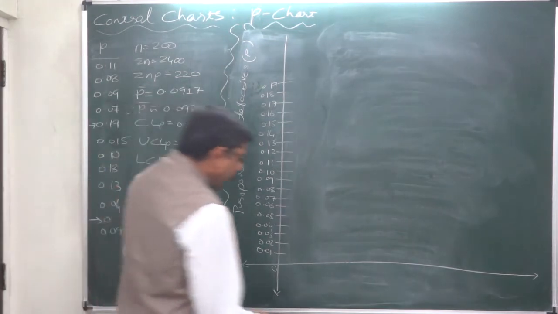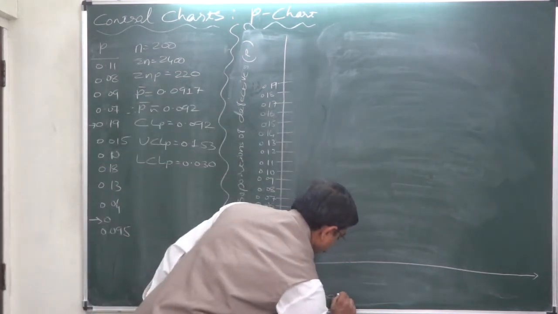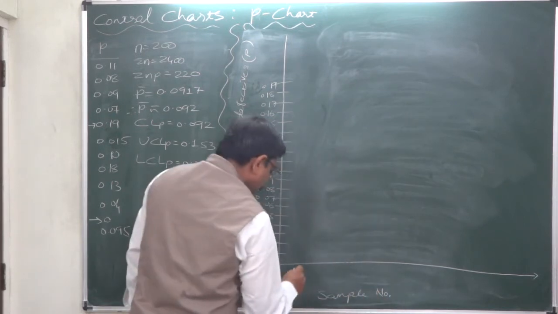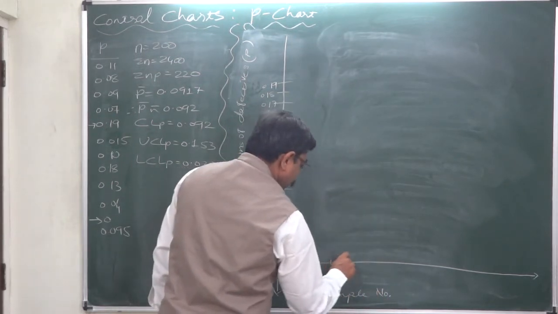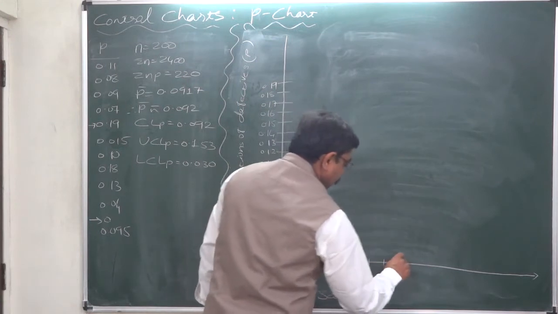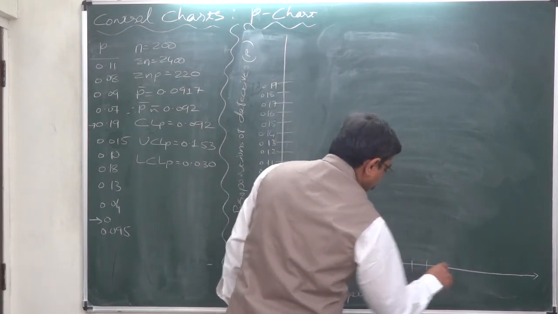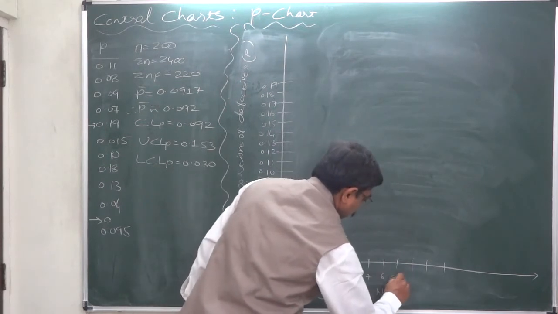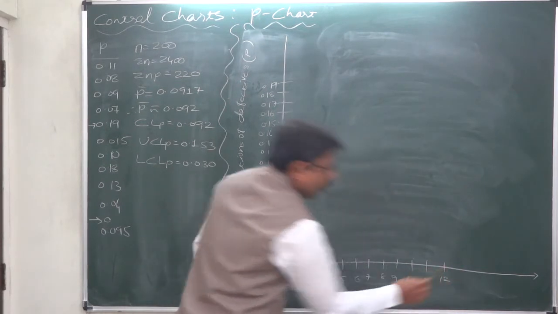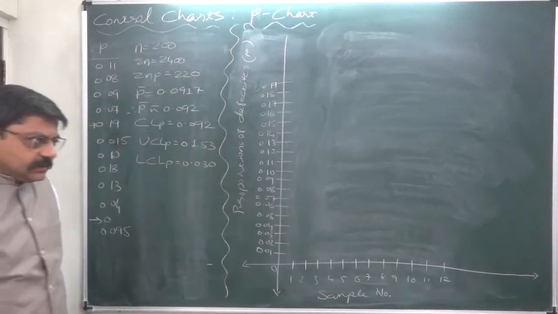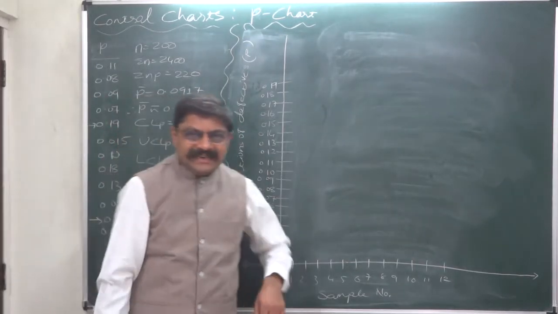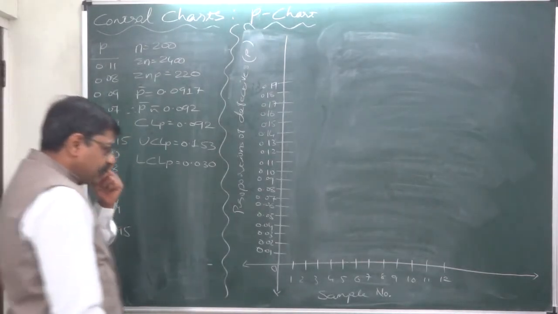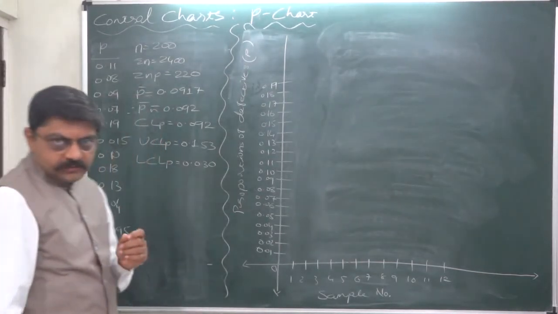Okay, now sample number on x-axis. They are 12: 1, 2, 3, 4, 5, 6, 7, 8, 9, 10, 11 and 12. Yes, on both the axes, try to maintain a difference of 1 centimeter box only. That makes it easier to construct the chart.